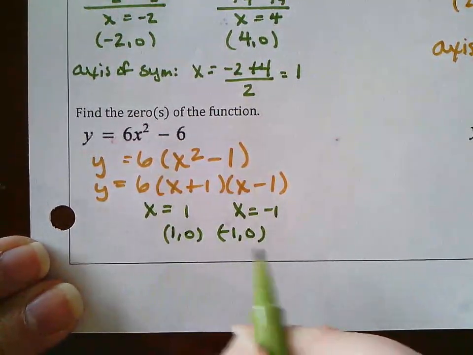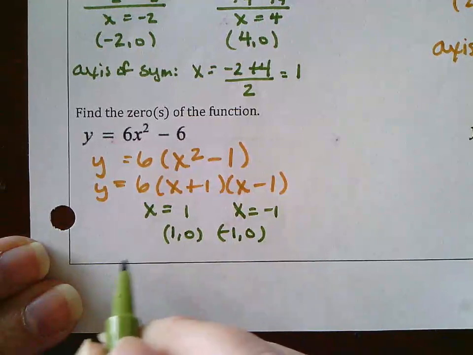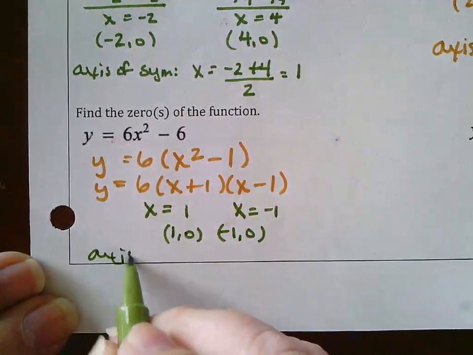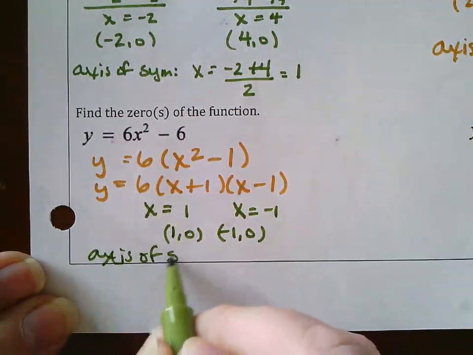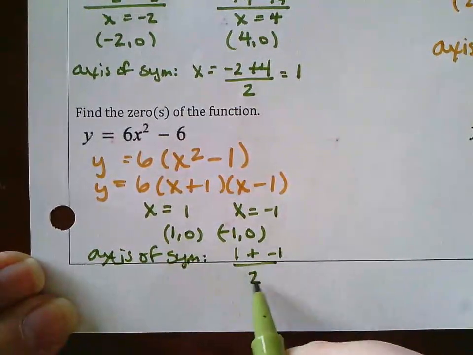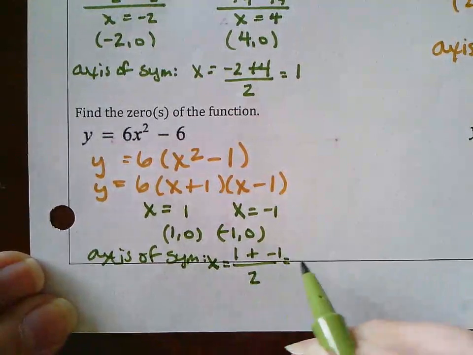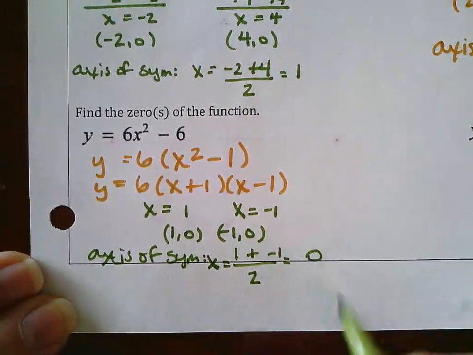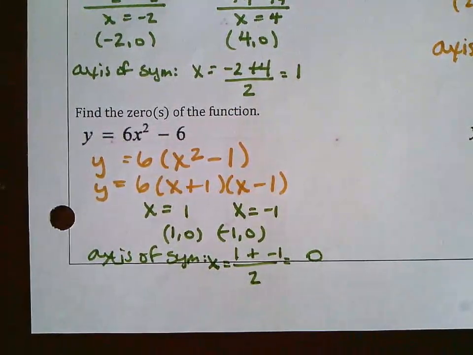Those are your x-intercepts. If you want to find your axis of symmetry, you take 1 plus negative 1 divided by 2, and you get 0. Okie doke. Let's try another one.